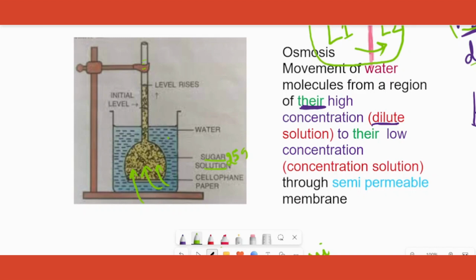For any solution, that ability to pull water towards it is there. That ability is called osmotic pressure. We'll define it from the textbook, page number 42 in my textbook. It says that osmotic pressure of a solution is a measure of its tendency to take in water by osmosis.